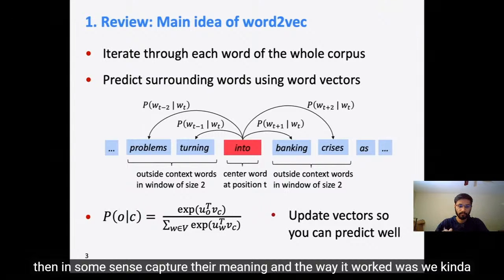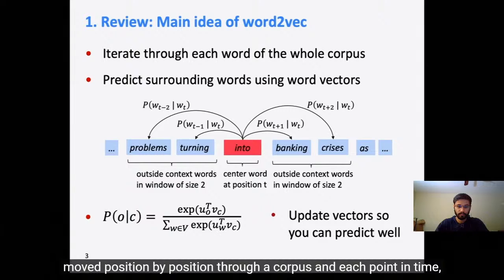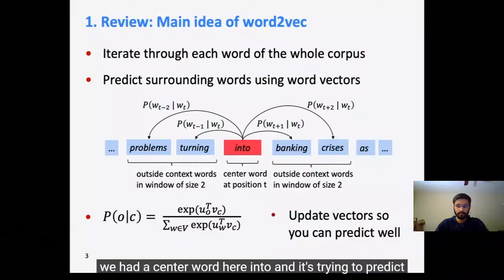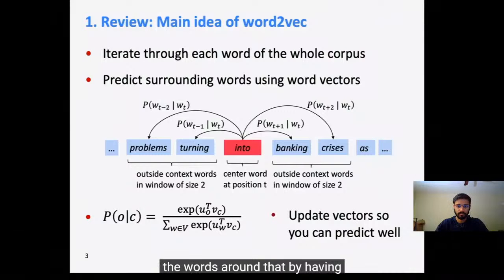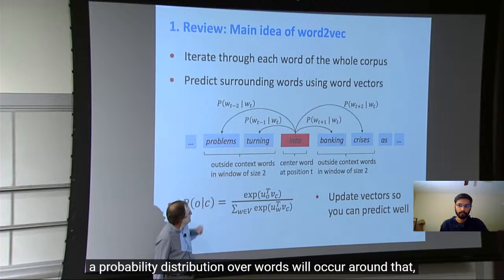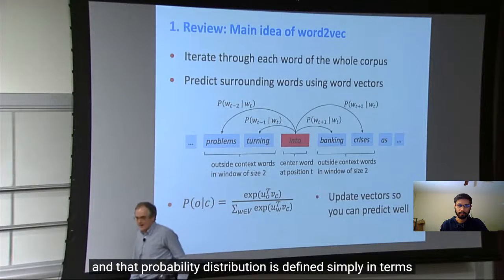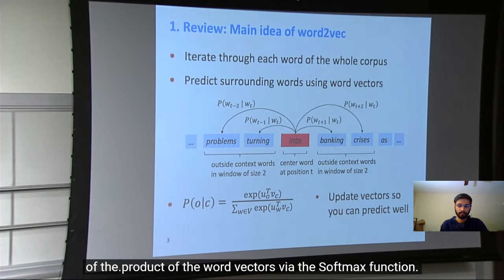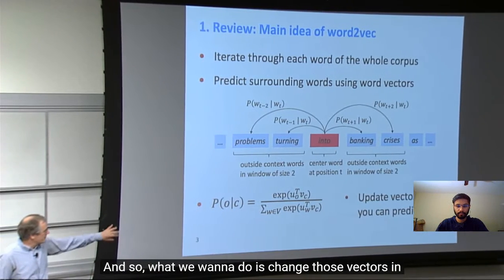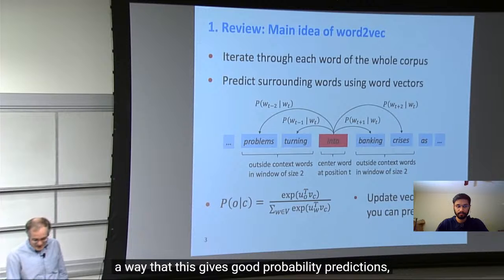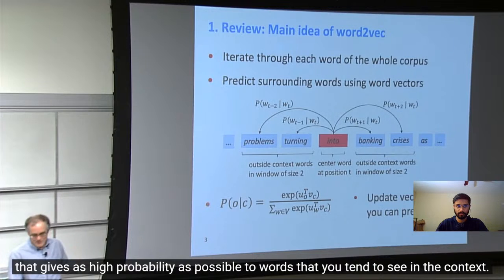The way it worked was we moved position by position through a corpus, and at each point in time we had a center word, and it's trying to predict the words around it by having a probability distribution over words that will occur around it, and that probability distribution is defined simply in terms of the dot product of the word vectors via the softmax function. So what we want to do is change those vectors in a way that this gives good probability predictions. It gives as high probability as possible to words that you tend to see in the context.